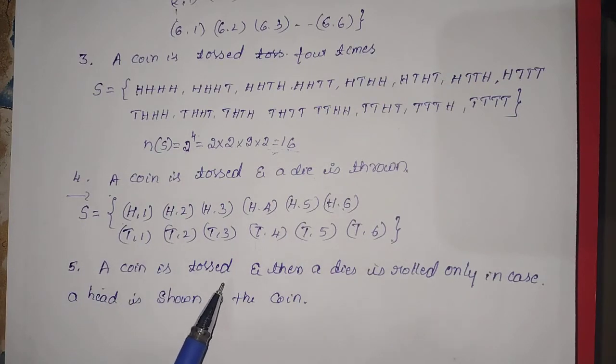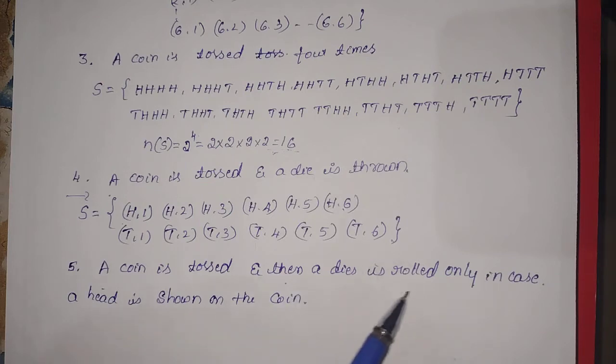A coin is tossed. First time we are tossing a coin, and then a die is rolled. Again we are throwing a die, or rolling a dice. Only in case, especially he mentioned, only in case a head is shown, not a tail. Because if the coin shows head, then correspondingly we throw a die.